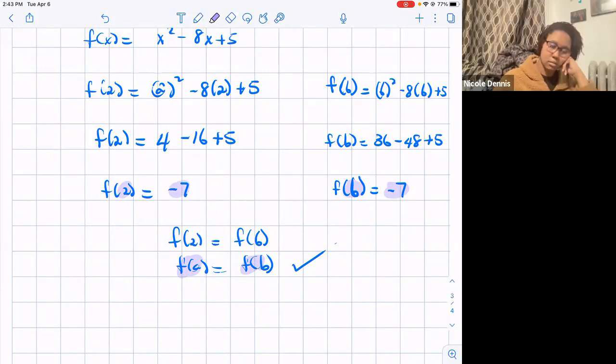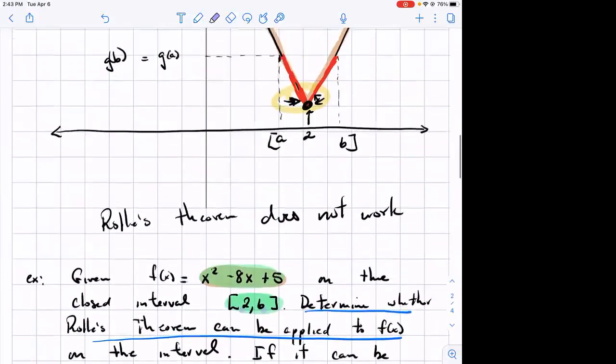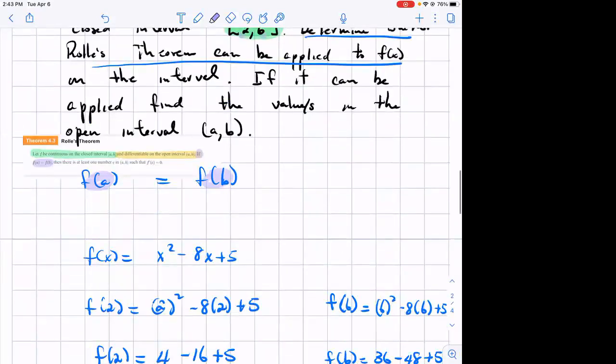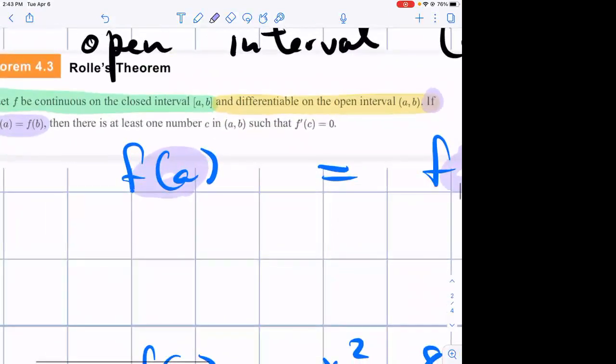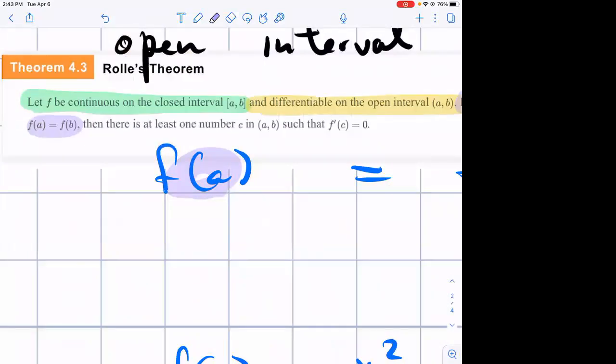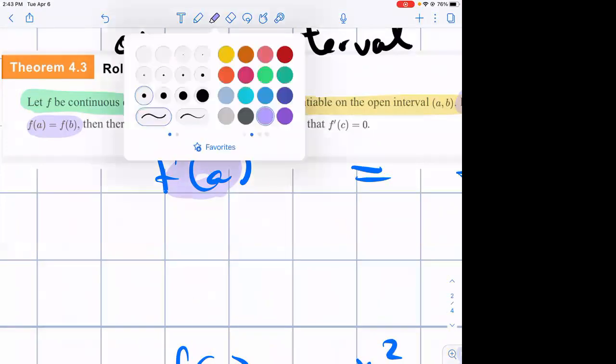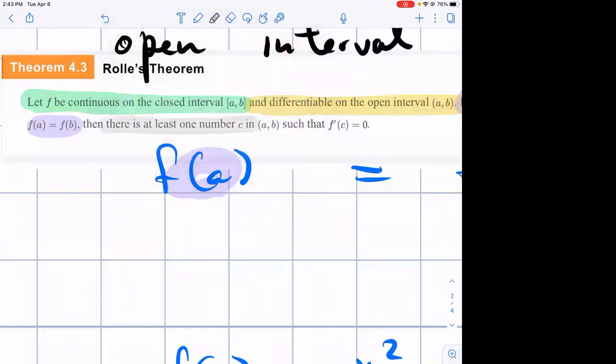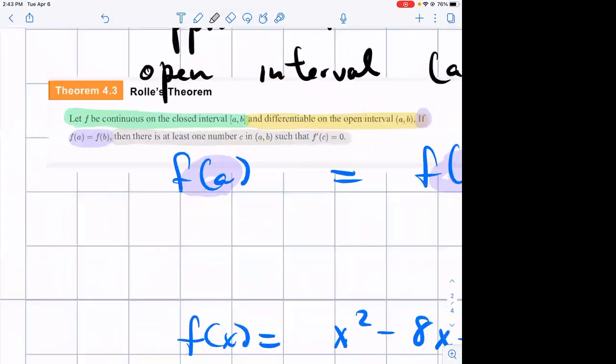Now, go back to the definition. The definition said if f of a is equal to f of b, then there is at least one c in the open interval such that f prime of c is equal to 0. So what you have to do now is find this. Take the first derivative of the function.